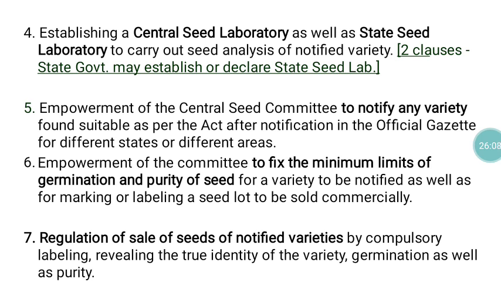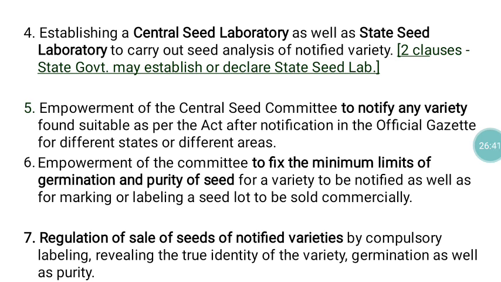Then Section 5 also gives power to the Central Seed Committee to fix the minimum limit of germination and purity standards for a variety to be notified. Whatever variety is notified, for the sale of it or for the purpose of producing quality seeds, we have to fix the minimum limit with reference to germination and purity. The minimum limits for germination and purity are fixed as per Section 6 of the Seed Act.